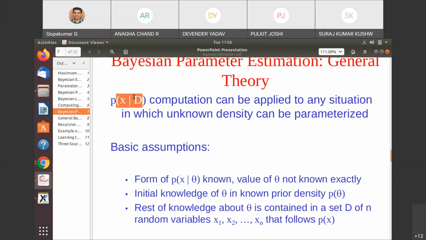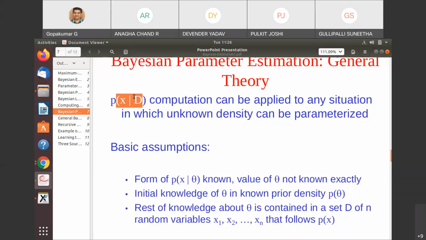What we are trying to do is, given the training data set, approximate a particular probability distribution so that we can represent it using parameters like the mean and the variance, and then we can do the analysis and also the prediction.